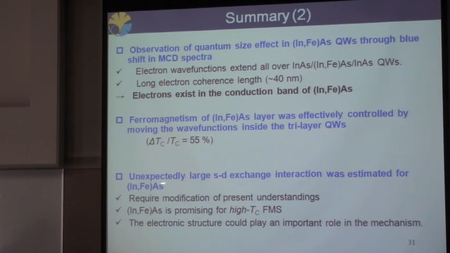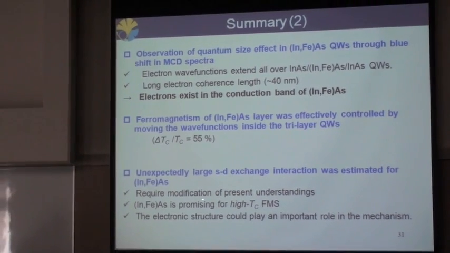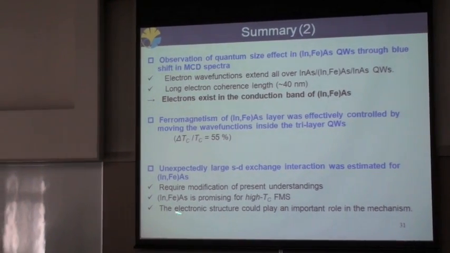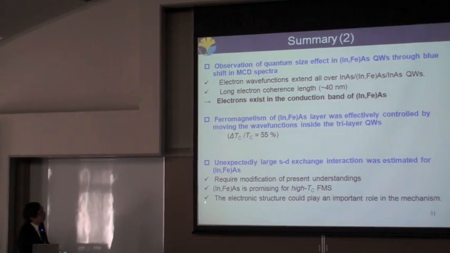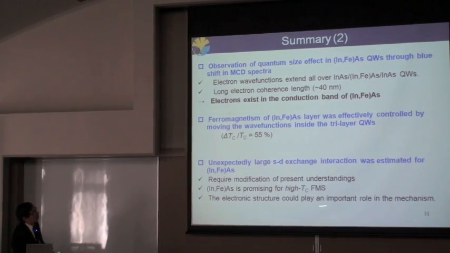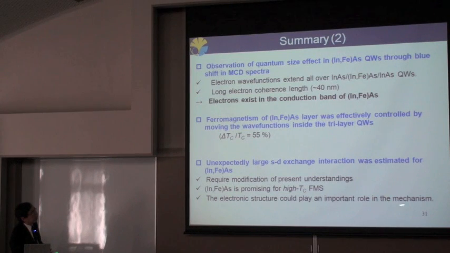We show unexpectedly large sd exchange interaction in this material, so this may require modification of the existing understanding. We hope that this is a very promising material, and that the electronic structure could play an important role in the ferromagnetic transition temperature.